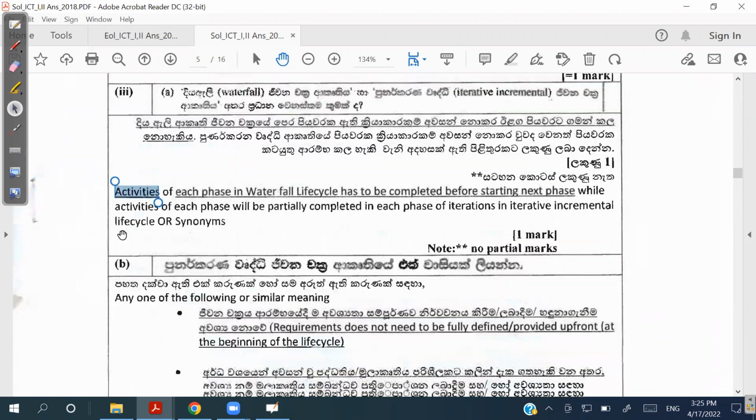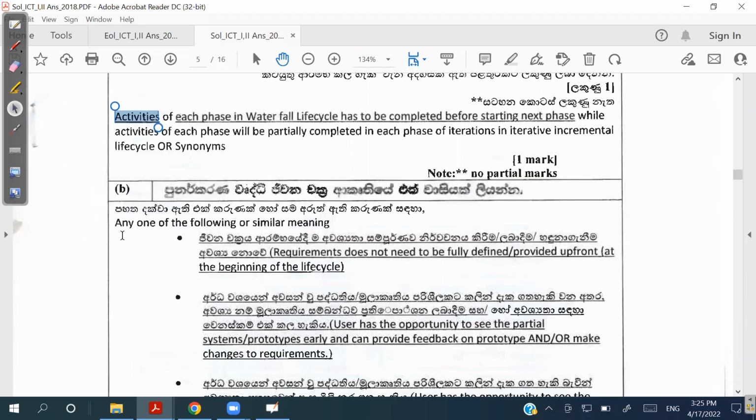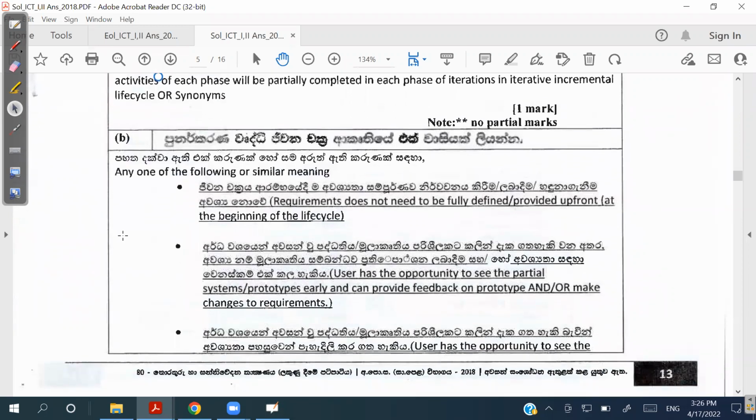Right, so in part B, they are asking about the benefits of the iterative incremental model. They have given many different ones. The first one says requirements do not need to be fully identified or defined, right?